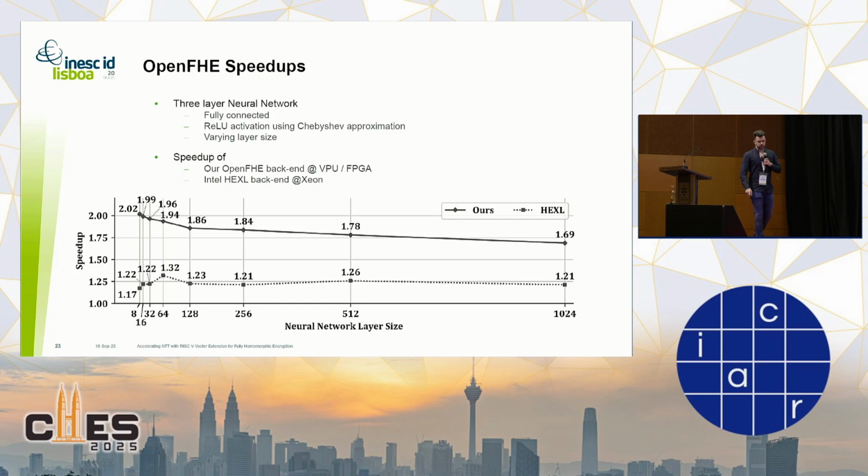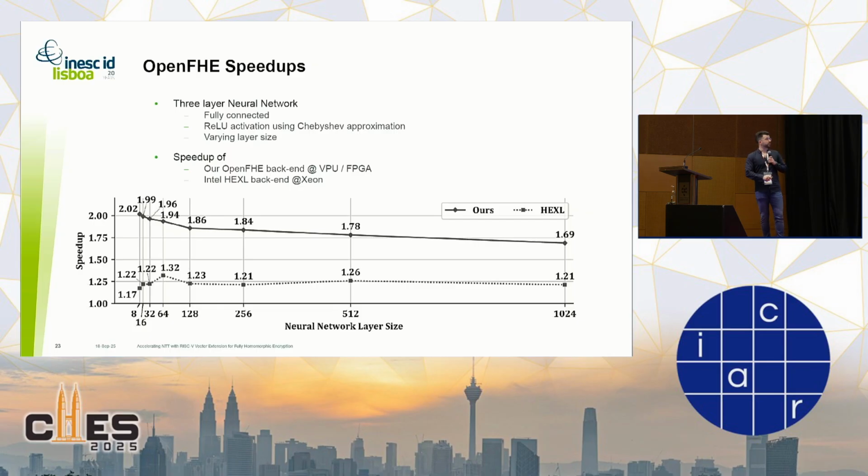We also compare here the speedups, all again in OpenFHE, of a 3-layer neural network. This is a neural network that has 3 fully connected layers, and each layer has a ReLU activation. As you know, we can't do minimum and maximum operations in FHE. So what we do is a Chebyshev approximation to get the ReLU results.